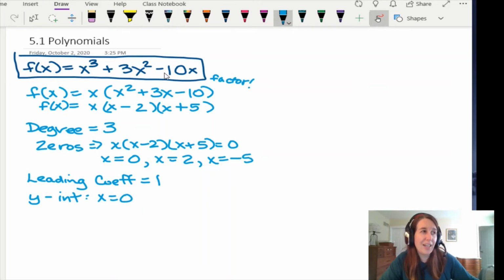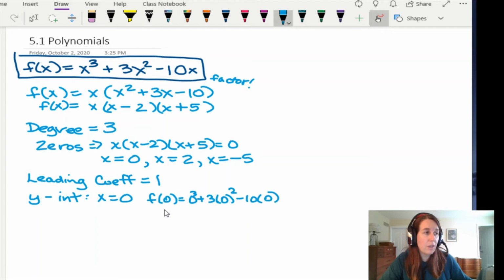I usually think it's easiest to plug it into the original, the standard form of the function rather than the factored form, but you can plug it into either. So that's f of 0. So that's 0 cubed plus 3 times 0 squared minus 10 times 0. So it's actually 0. So the y-intercept is 0.